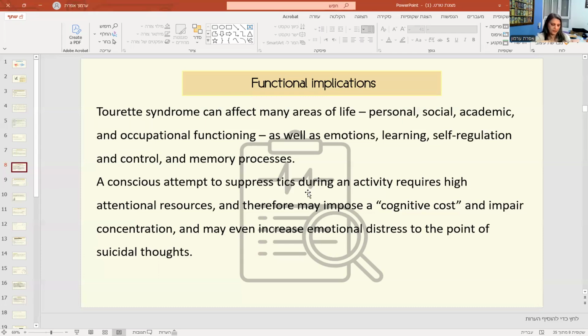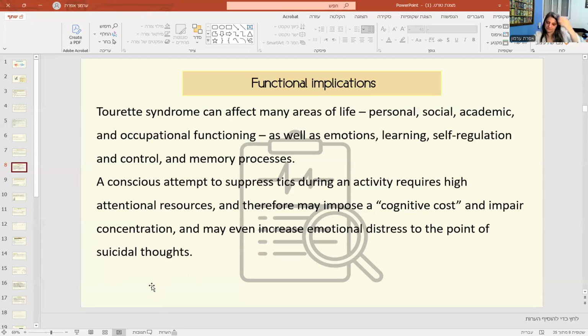They have to invest lots of resources, concentration, and there is emotional distress. Sometimes some of them have suicidal thoughts.